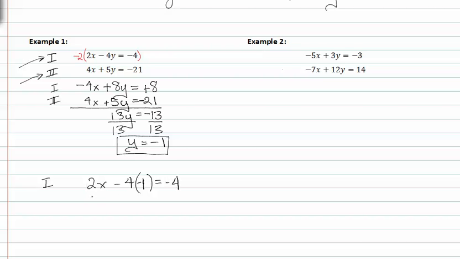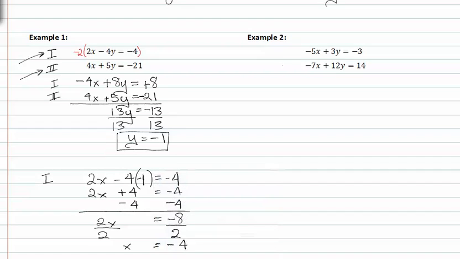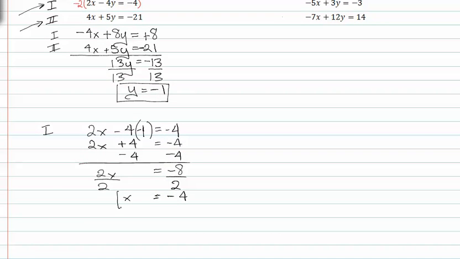From here, we can just solve for x. Divide by 2 on both sides, and x is equal to -4. So my coordinate point for x and y is -4, -1.